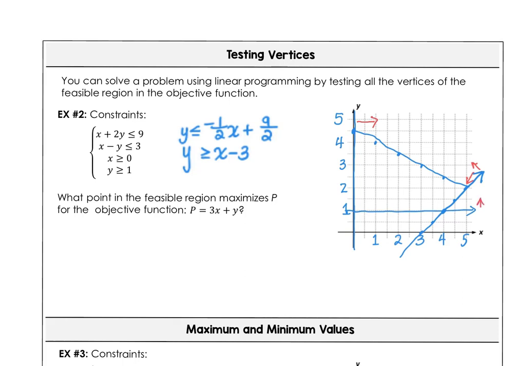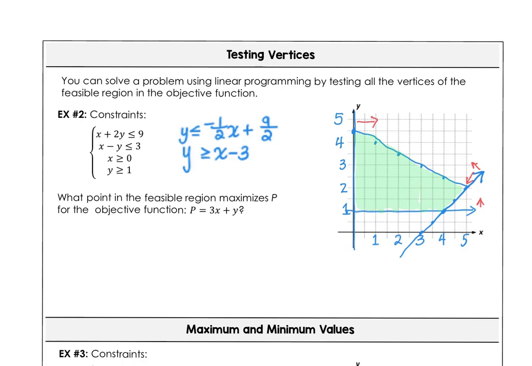So jumping over to our highlighter, we're going to shade to the right of the y-axis, above 1, and we're making this 4-sided irregular polygon here.